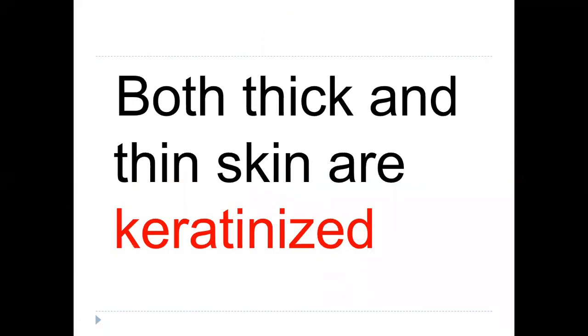One thing should be emphasized here: the thick skin and the thin skin are both keratinized. But the keratinization on the thick skin would be more in amount compared to thin skin. But remember, both of the skins are keratinized.